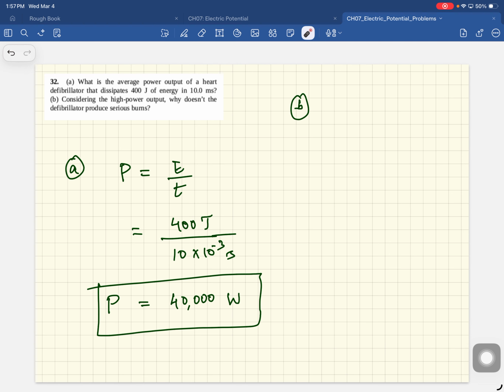This is 40,000 electron volts. Okay, well, this v is speed. So the speed is the square root of 2e times the voltage divided by the mass of the electron.